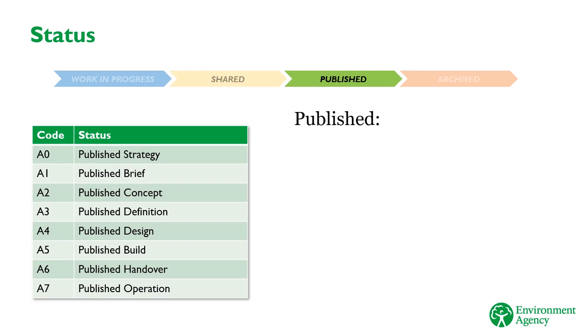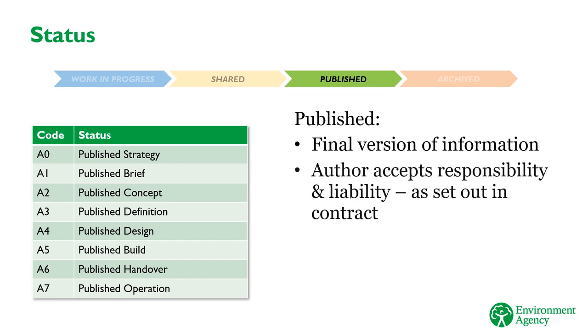The published status is crucial, as this status indicates that the information or data is being presented by the supplier as a final version. This means that the author accepts responsibility for the information and that they are liable for any errors contained in it as per the terms set out in our contract with them. Published data and information has been verified and validated, which means that we can rely on it to make decisions.